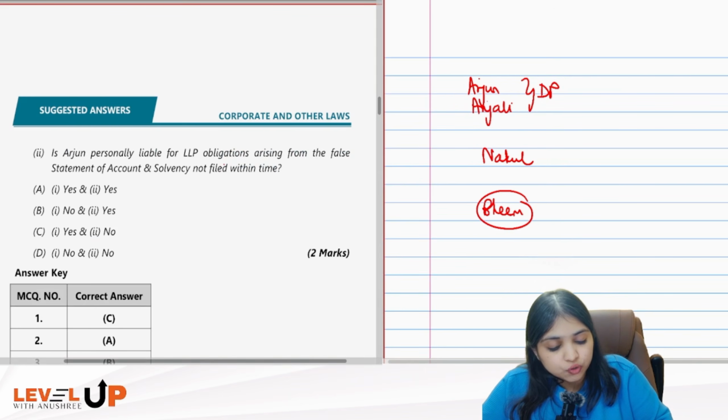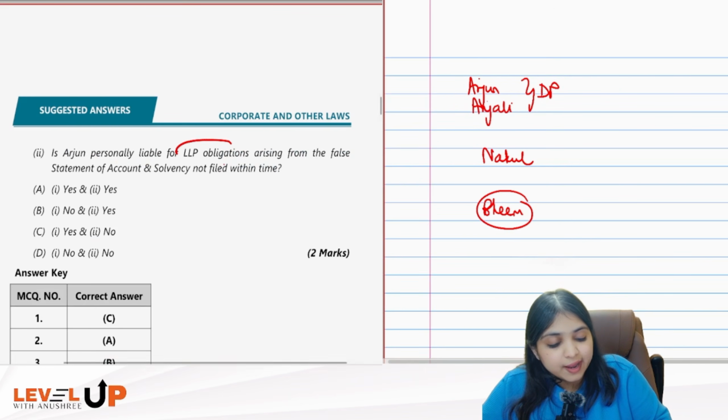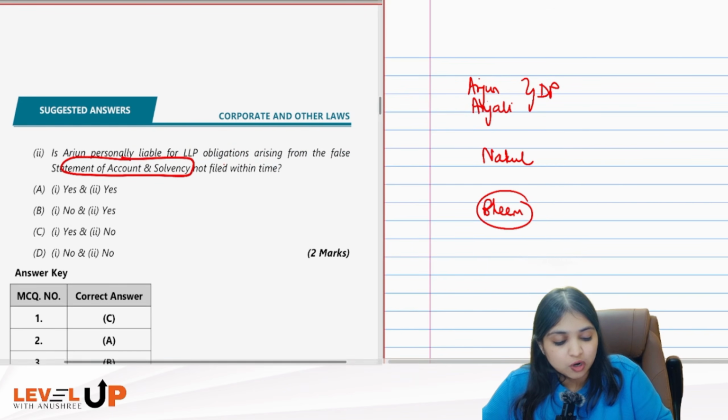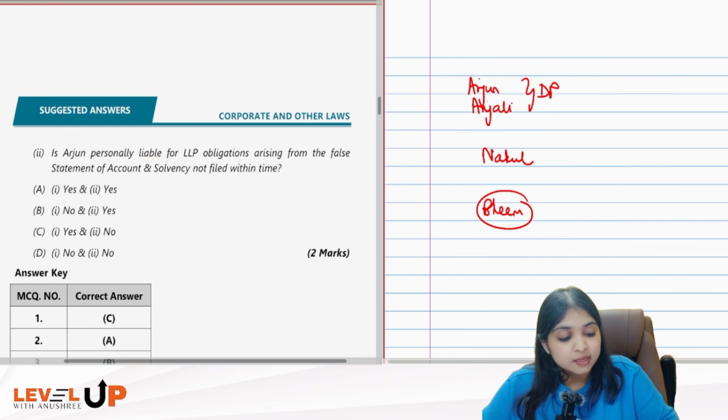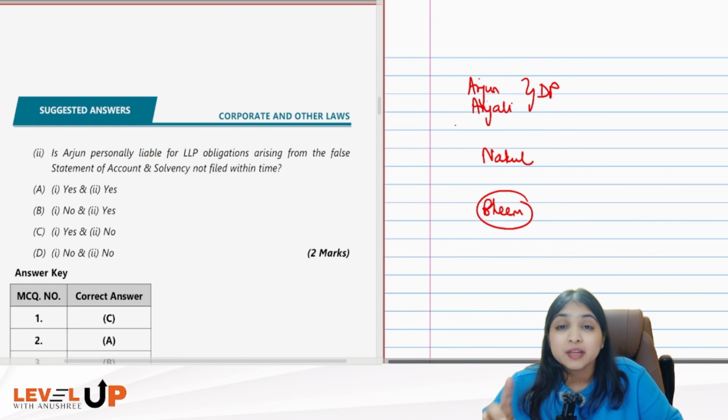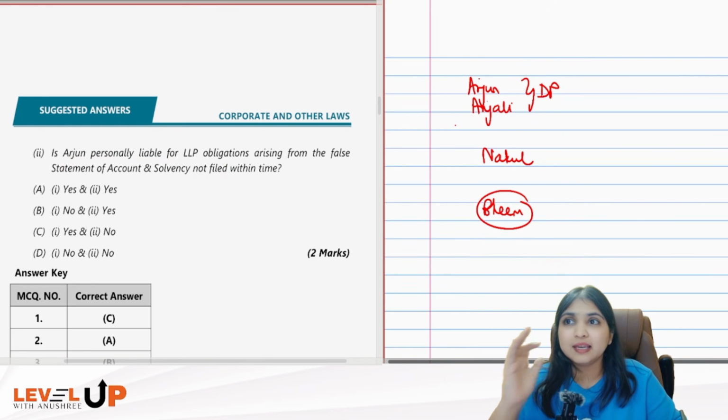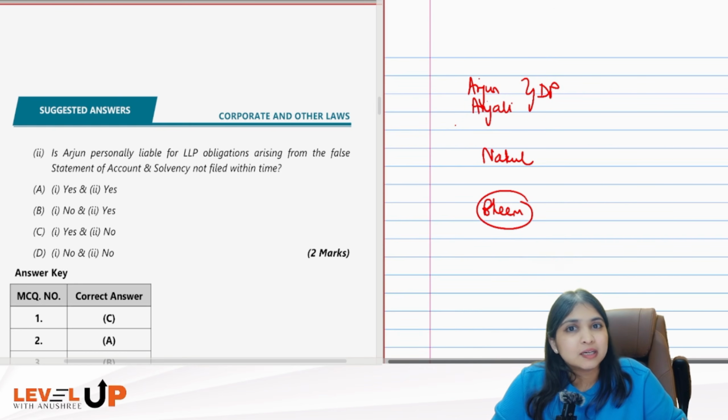Then is Arjun personally liable for LLP obligations arising from false statement of accounts and solvency not filed within time? See, Arjun is a designated partner. If the LLP has any non-compliance, any legal issue, then whatever the penalty, the designated partners will be liable.